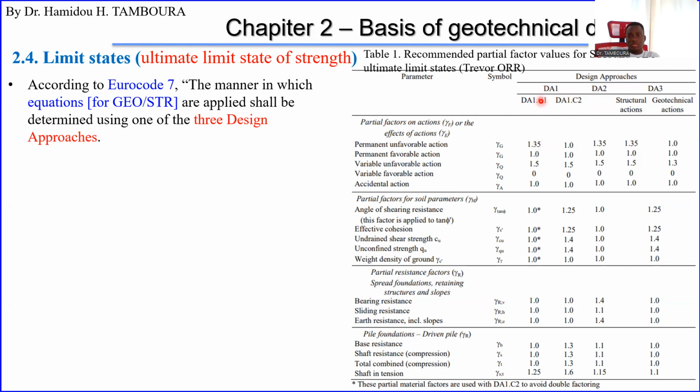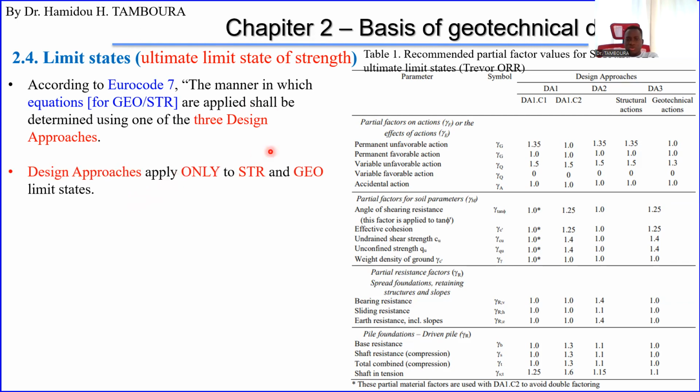Every country has to use one of these three. So design approaches are applied only for this ultimate limit state. Don't forget, structure one and geotechnical one, ultimate limit state. It doesn't apply for others.